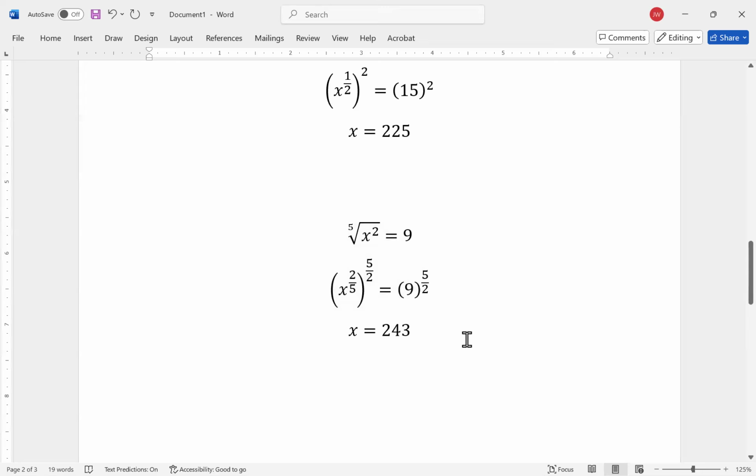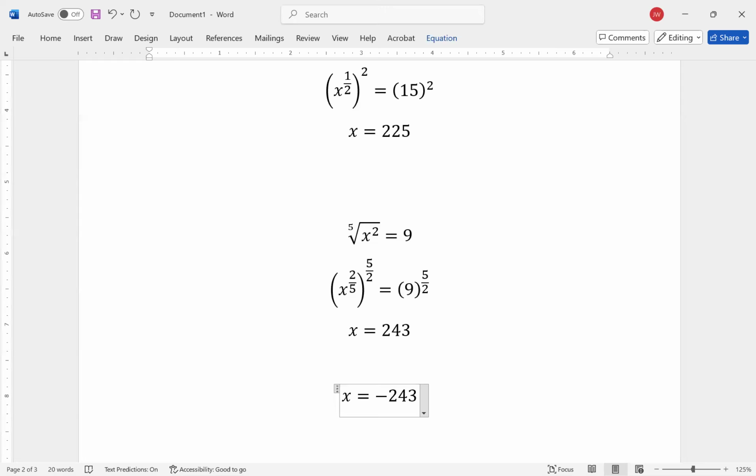Now, interestingly enough, x equals negative 243 would have worked in the original equation too. When I wrote down my exponent rules, we assumed always that our base was positive.